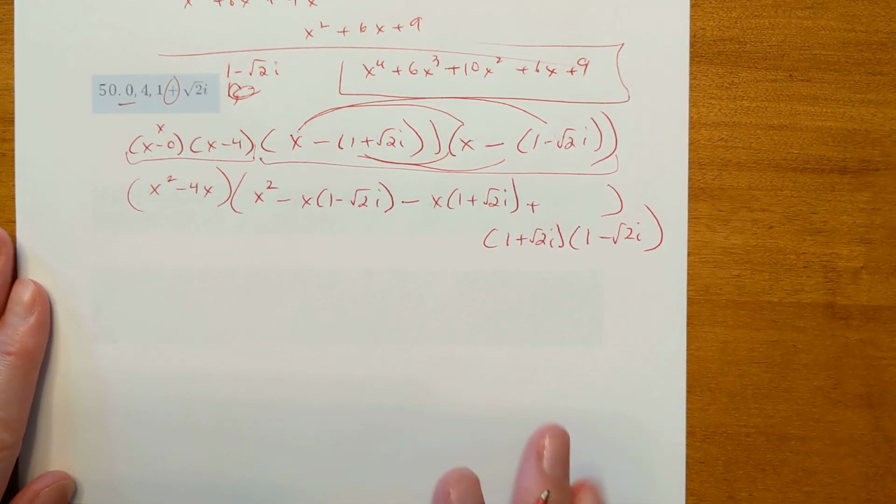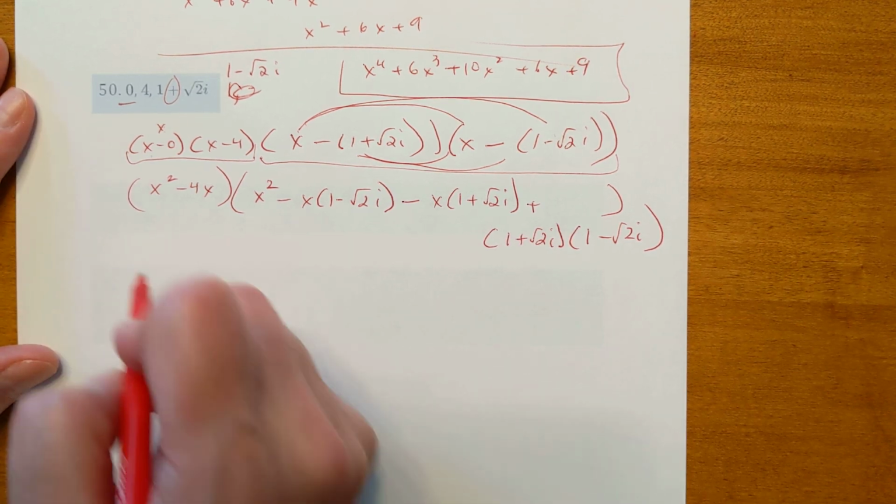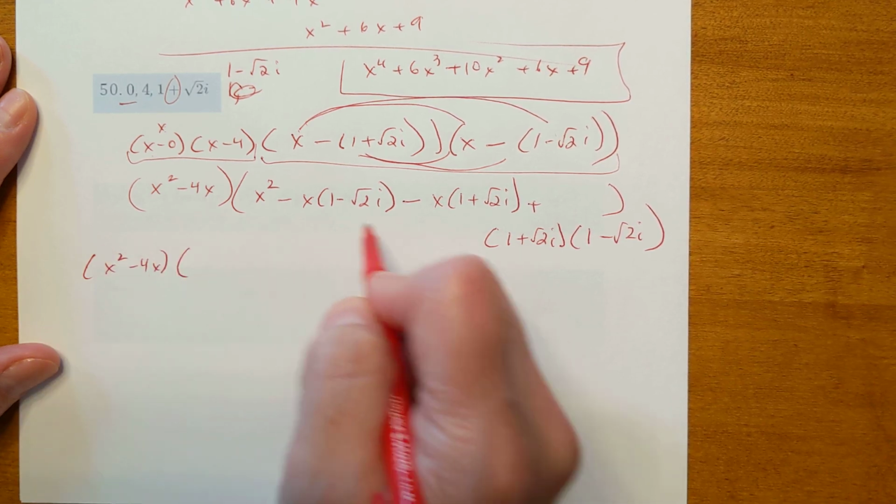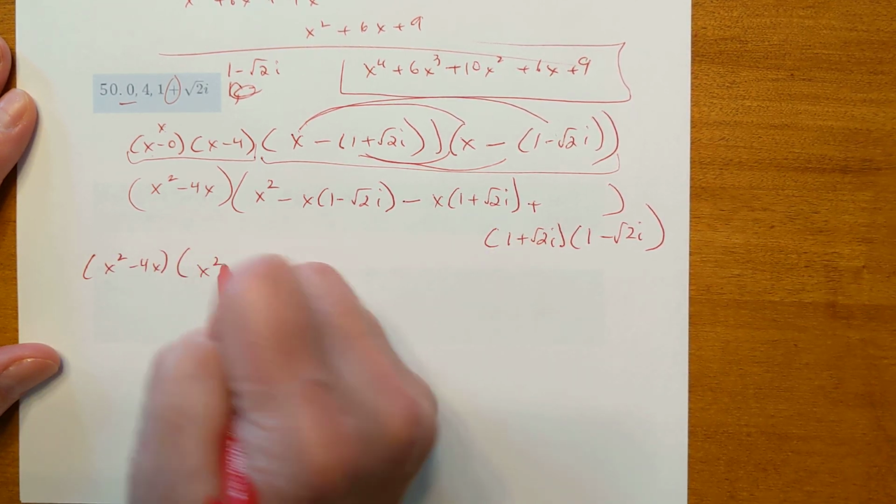All right, so just doing some work over here on the side, we've got x squared minus 4x, and then here we got x squared.